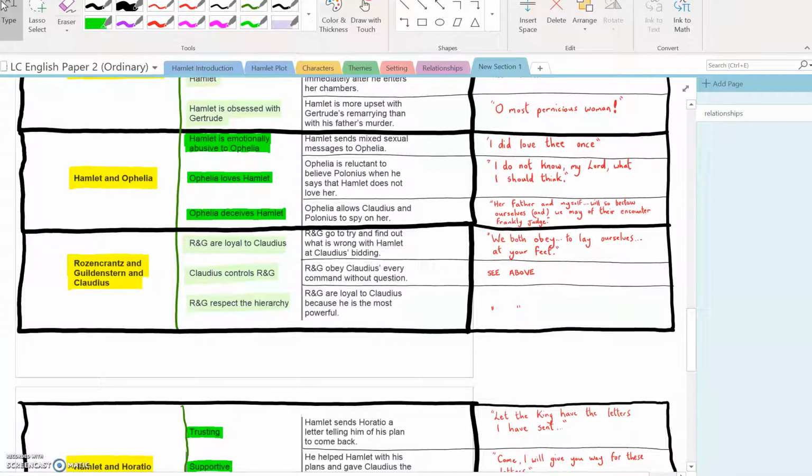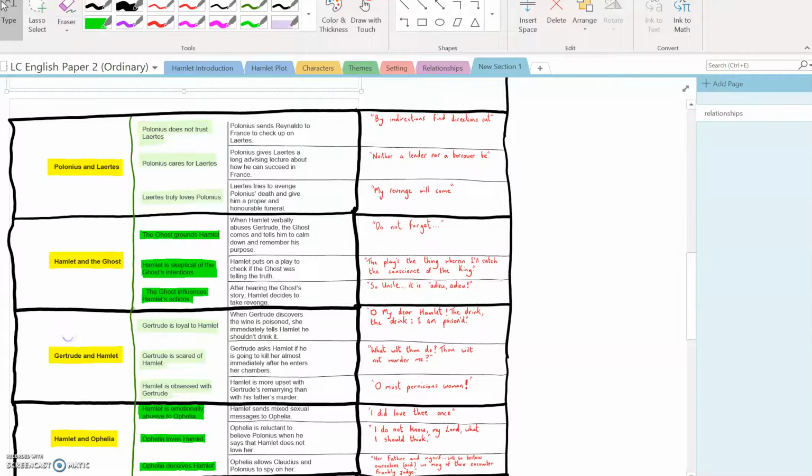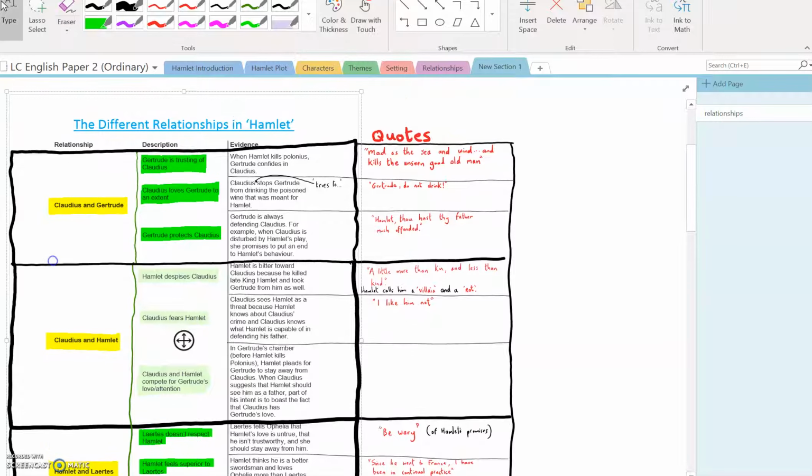Now, as I was making this page, I thought to myself, which of these relationships are actually positive relationships, in which both people, or three people if it's a three-person relationship, have each other's interests at heart fully?